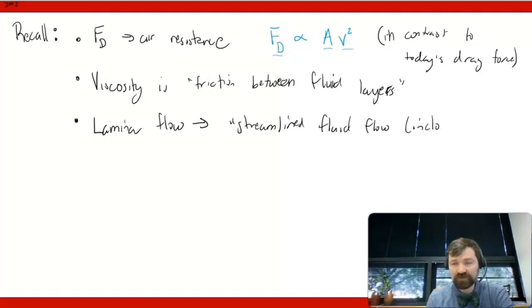And so that essentially means that each layer of the fluid kind of follows out its own path around the object. And this laminar flow is one of the conditions actually for Stokes Law drag to occur. So if you do not have laminar flow, then you will likely not have a Stokes Law drag.